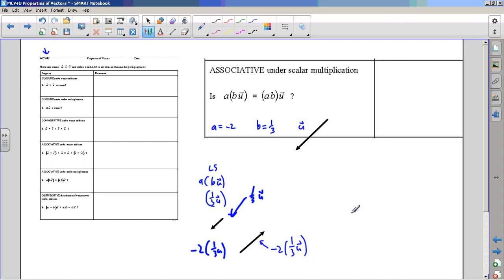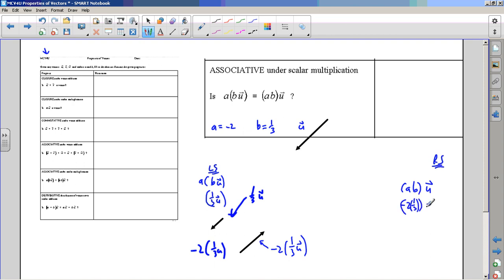So the question is, is this the same as the expression on the right-hand side? Well, the right-hand side is, can I multiply the scalars first? And of course, I picked kind of stupid values because now I'm going to have to find a vector that's -2/3 times as long as that, but that's okay. If you pick nicer values, you would have had a better time of it.